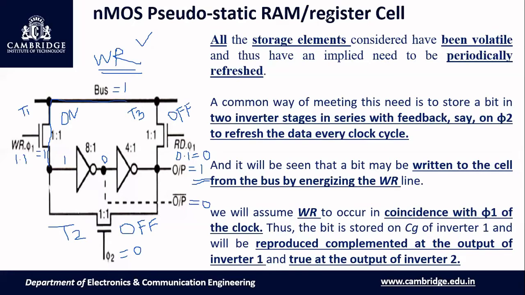Next, we'll see what should be done. Next we'll perform refresh operation. For refreshing, we'll have to make phi 2 equal to 1. So we'll not worry what is there in bus. Clear?